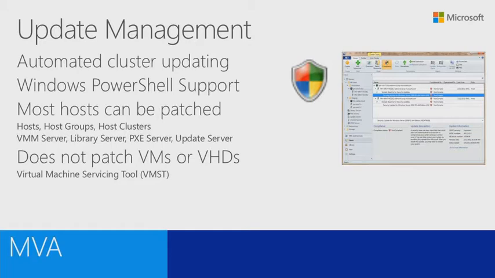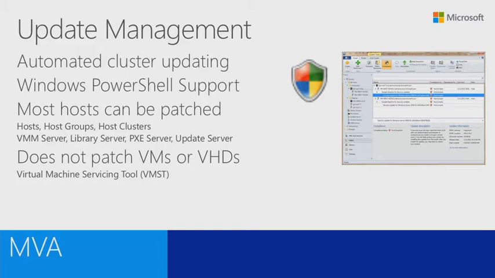Now if you use Cluster Aware Updating in Windows Server 2012, that will go and patch any cluster. So it will go and patch your SQL clusters, your file clusters, all of these different types of clusters. So you have a lot of different options here. Other big difference is Cluster Update Manager in Virtual Machine Manager can also automate the patching of Windows Server 2008 R2 clusters, whereas the product in Windows Server 2012 only patches those 2012 clusters.